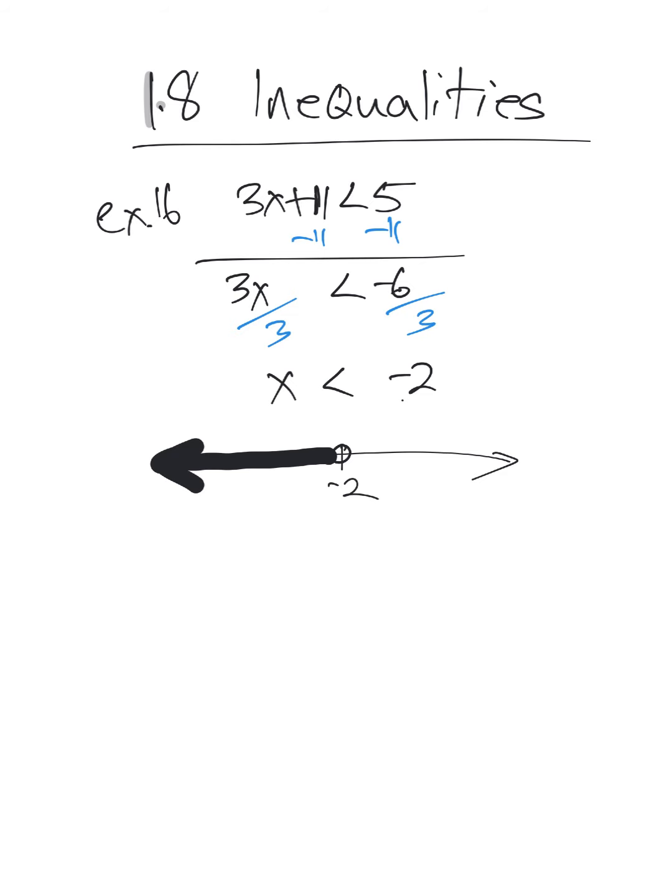What would this look like in interval notation? Interval notation is parentheses and brackets. So what do you think? Parentheses and a parentheses. You're not including the -2.